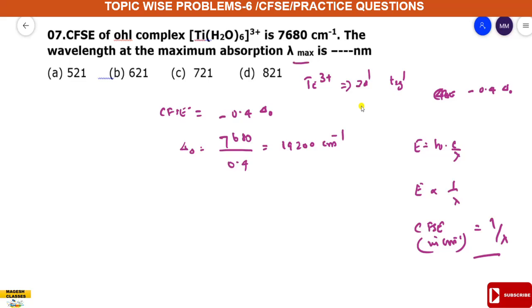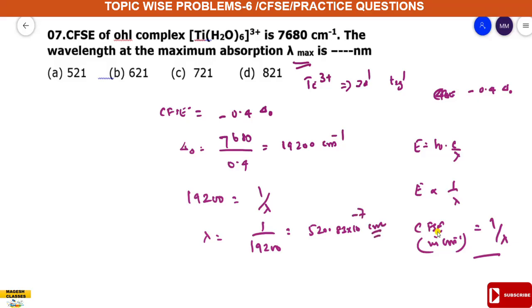Here lambda max is the question. So 1 by 19200 centimeter inverse is equal to 1 by lambda. By calculating, lambda is equal to 1 by 19,200, which is equal to 520.83 into 10 power minus 7 centimeter.